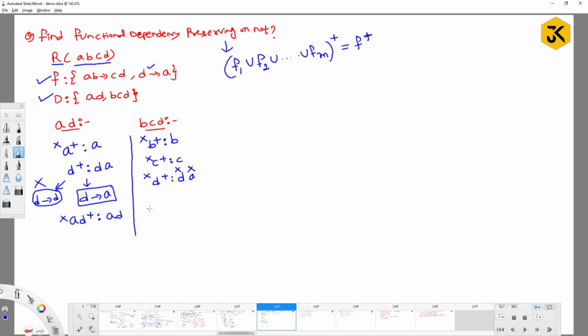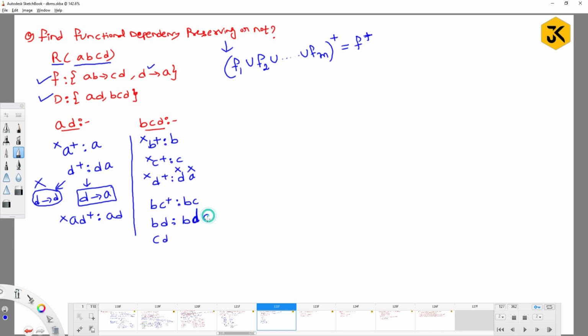Next we'll go with the combinations. One combination is BC, another is BD, another is CD. Try to find the BC closure. If you find the BC closure, you are going to get BC only. For the BD closure, you are going to get B, D, as usual, the trivial dependency.